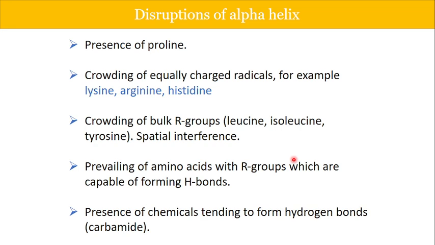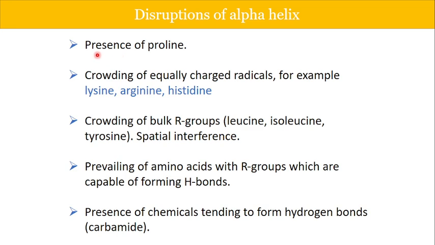Now, what are the problems which these alpha helices can face, or which amino acids are not suitable in the formation of the alpha helix, or how can these alpha helices get disrupted with the presence of different amino acids? Okay.